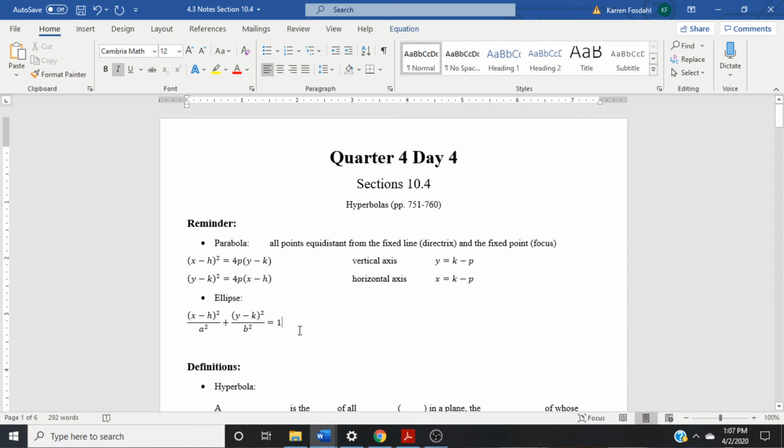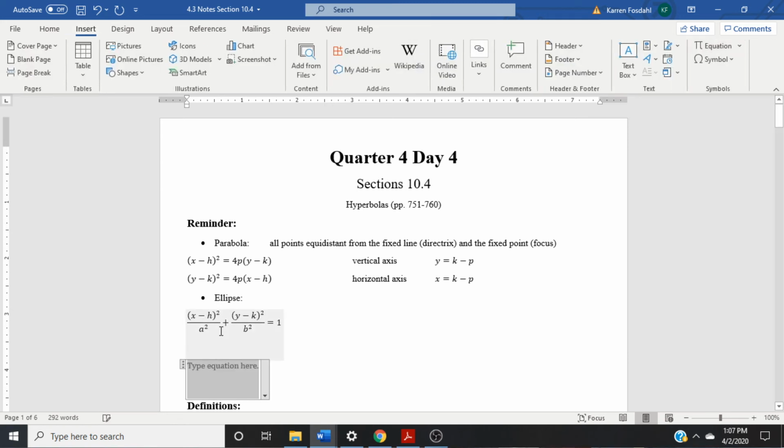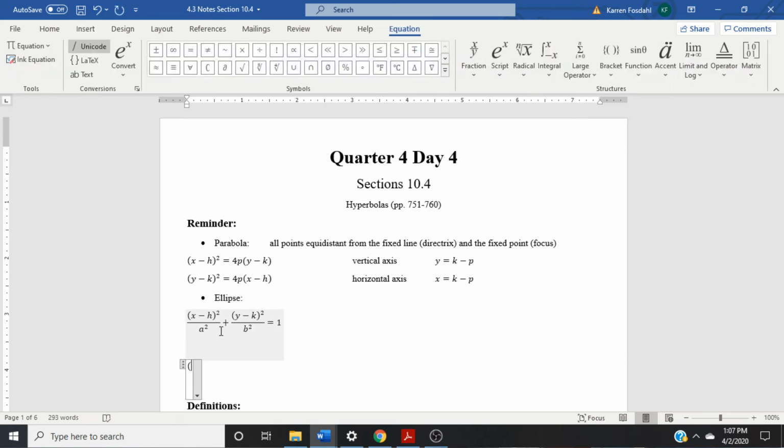And our second is the same thing, (x - h)^2 / b^2 + (y - k)^2 / a^2, all equal to 1.